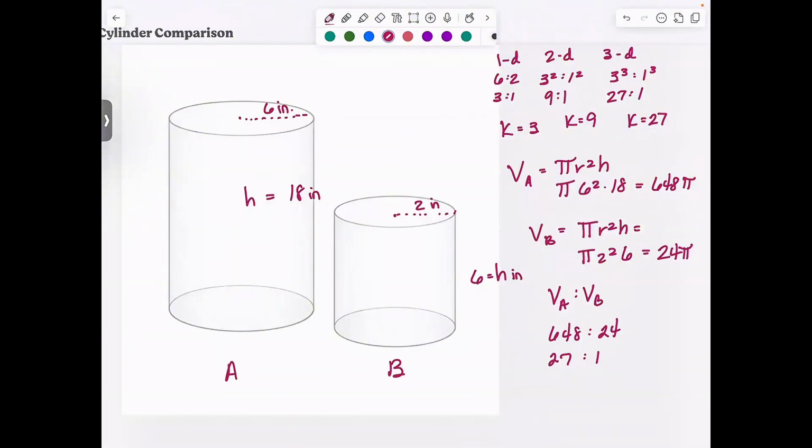They'll just assign a volume, and then you just need to know in this scenario that you multiply it by 27 to get the volume of the larger cylinder. Commonly missed is simply understanding the ratios and how they differ and how to apply them. Okay, and that's all for now. We'll go on to the next topic.